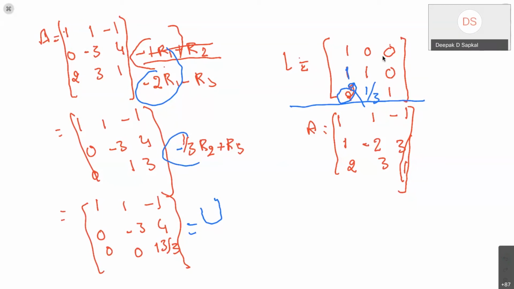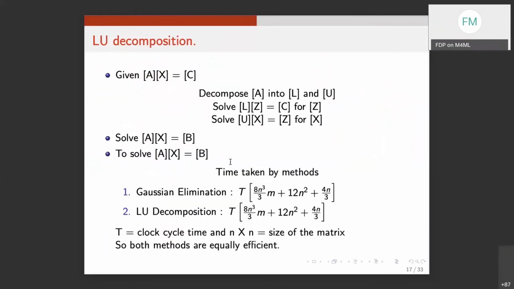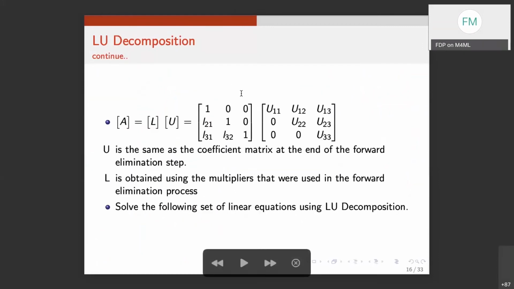Just to find L and U, I have a matrix A and I want to find L and U. While decomposing this, notice that the diagonal elements of the L matrix will be 1, with all zeros at the top. Similarly for U, the lower triangular values will be zeros.